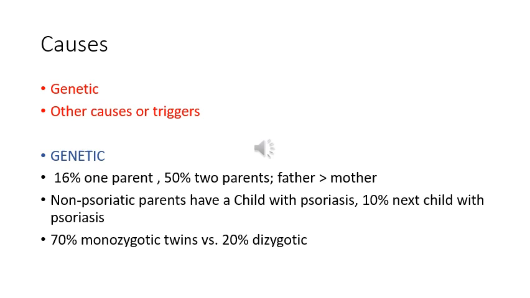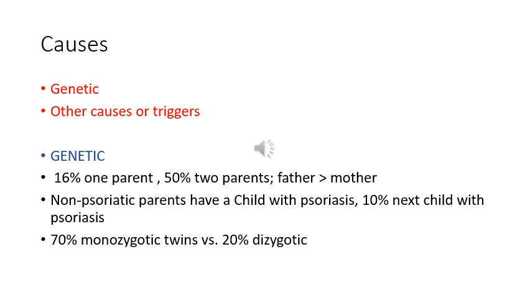If psoriasis is present in the father, there is a higher chance than if it is present in the mother for the offspring to acquire it. If non-psoriatic parents have a child with psoriasis, there is a 10% chance of the next child having psoriasis.